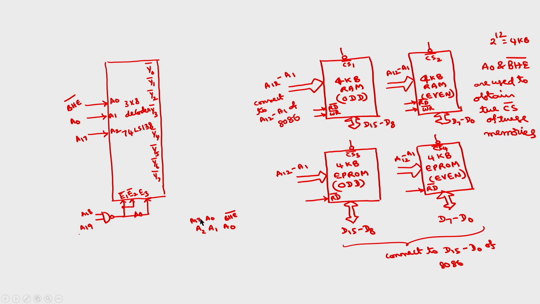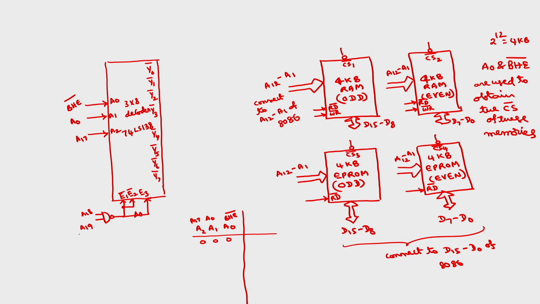Okay. So you have a total of 8 combinations. If all are 0 0 0, Y0 will be selected. Okay. So Y0 becomes 0.